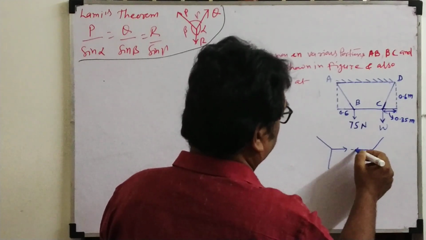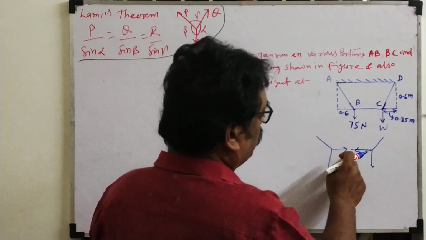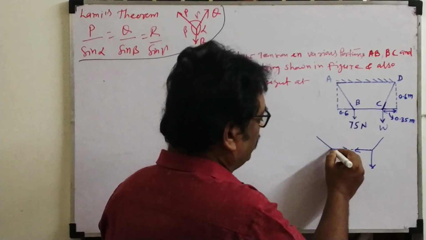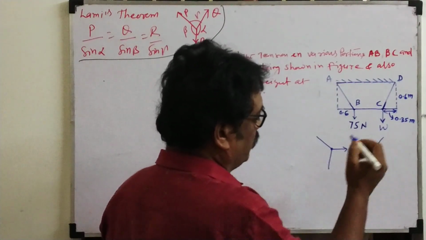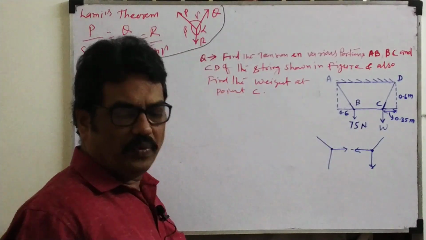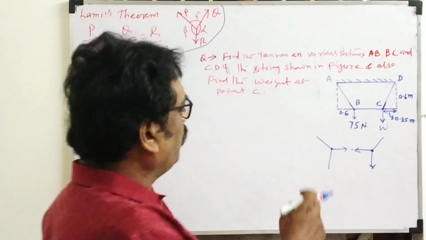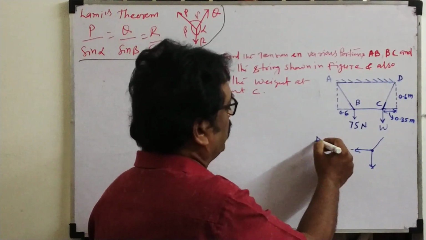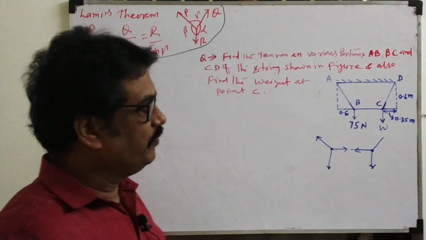And these equal and opposite forces. Now look here. Once you're drawing, we are seeing the junction point. So what is Lami's theorem telling? If three coplanar and concurrent forces pass through the same point, we can apply Lami's theorem at this particular junction.